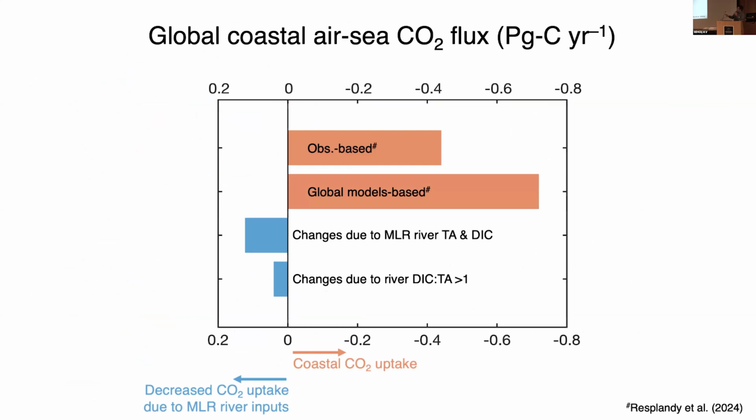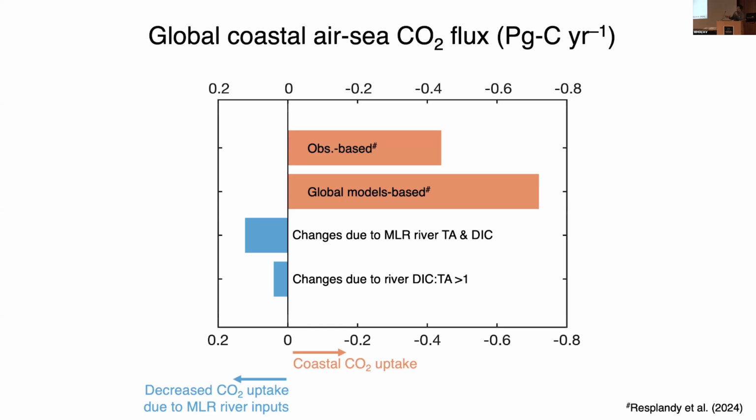These are from a recent study by Laure Resplandy at Princeton. The first bar shows the observation-based coastal CO2 uptake, and the second bar is the global model-based CO2 uptake in the coastal ocean. We can see that the global model in general overestimates the CO2 flux in coastal water.